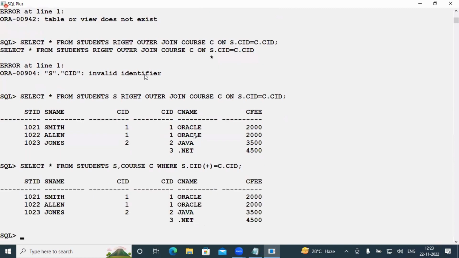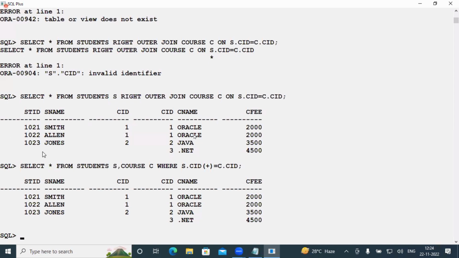Okay, fine. And see, so both outputs are correct now? ANSI and non-ANSI, both are providing the same results now? Yes.